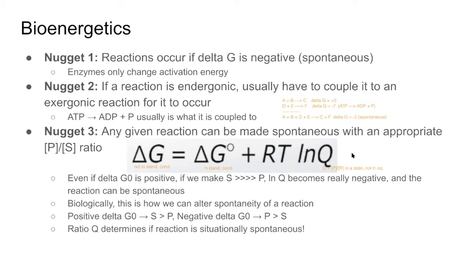And so this is a way for you to figure out the delta G in a scenario where you're not in equilibrium, not in a standard condition. And then you can do delta G in standard condition, which is usually in equilibrium, plus RT ln Q.